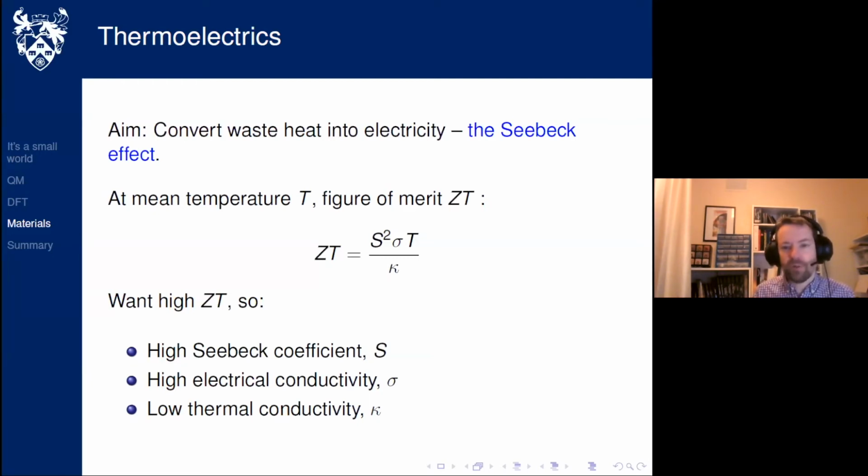And then we divide all that by kappa, the thermal conductivity. So if I want it to be a really good thermoelectric, what this is telling me is I want a really high electrical conductivity so I can carry the charge carriers through the material really, really efficiently. But I want a very low thermal conductivity so that I keep one hot side and one cold side.